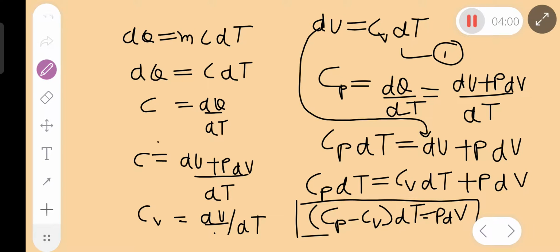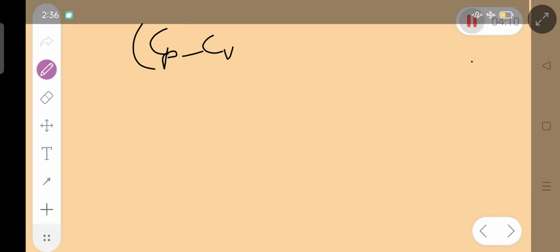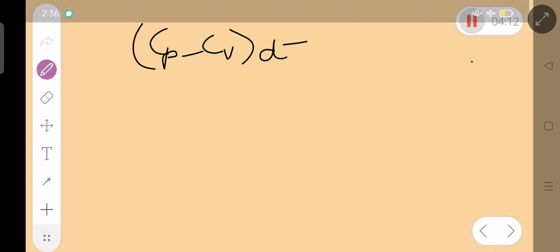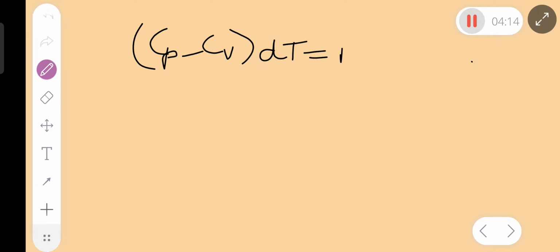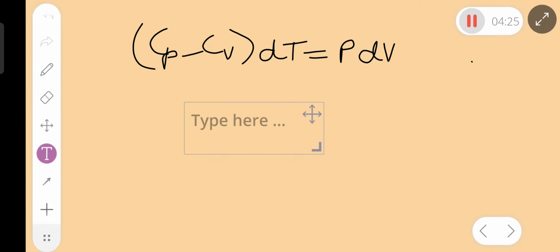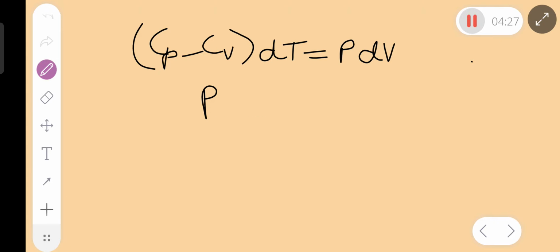Okay, we will solve this equation to obtain the relation further on the next page. We get Cp minus Cv, dt, is equal to p dv. As we know, pv is equal to RT, the ideal gas equation.